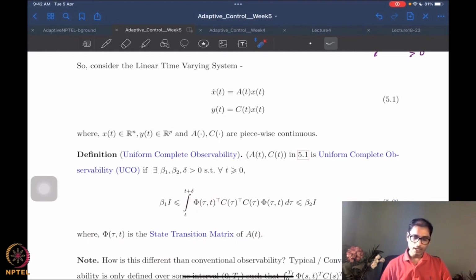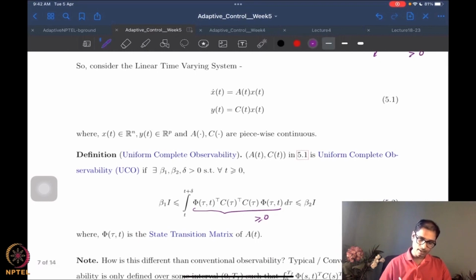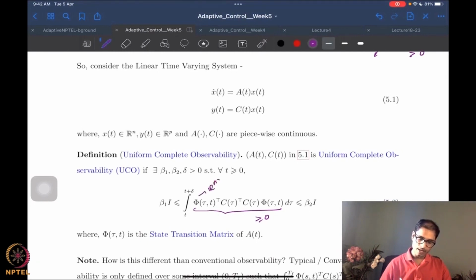All right, so again if you look at what is inside here, that is the integrand, this is of course a symmetric product. So this is greater than or equal to 0 at each instant in time, right? So what is the dimension? The state transition matrix is of course R n by n. C is, let's see, p by n, right?